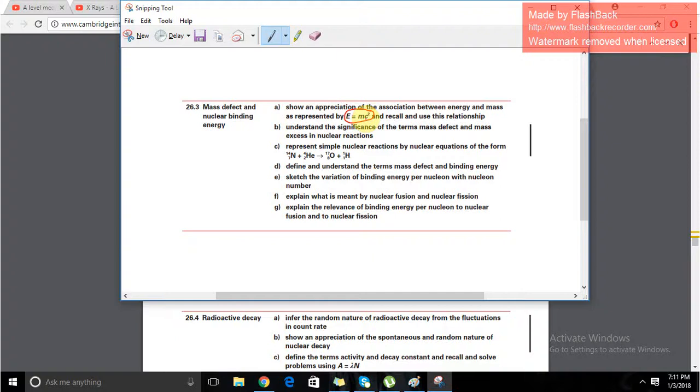And another example in which all that difference in mass comes up is when you have a particular nucleus, and said nucleus splits apart to form, say, two products.